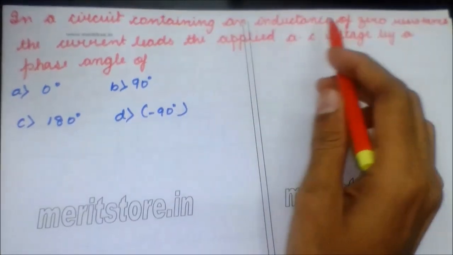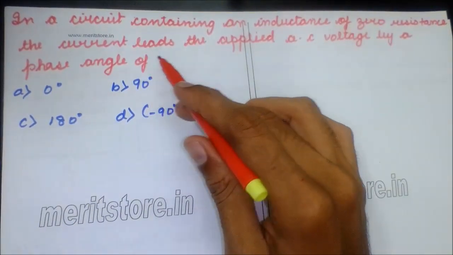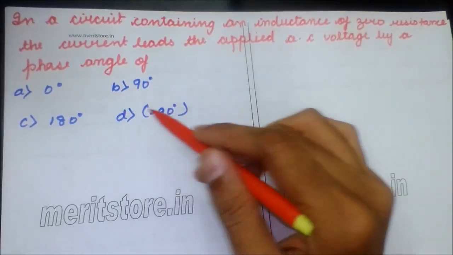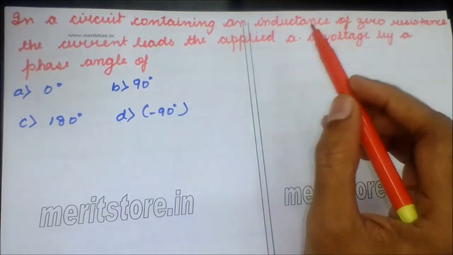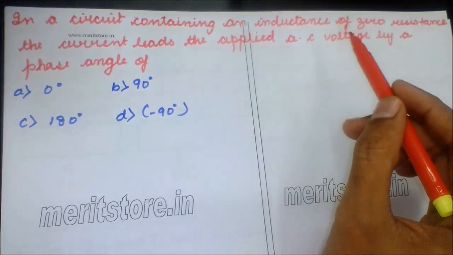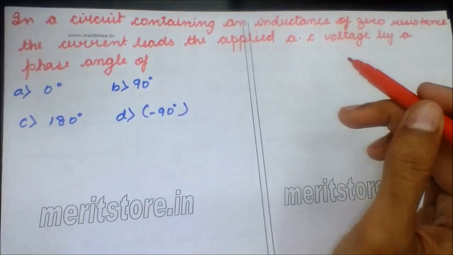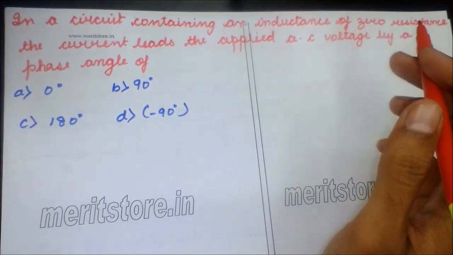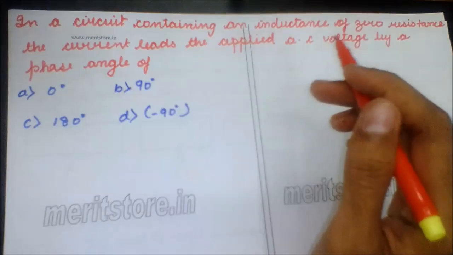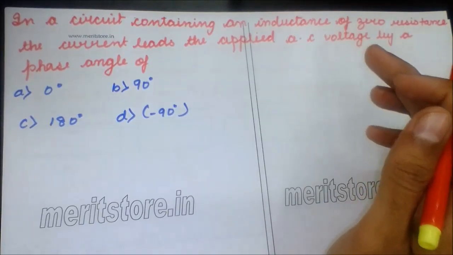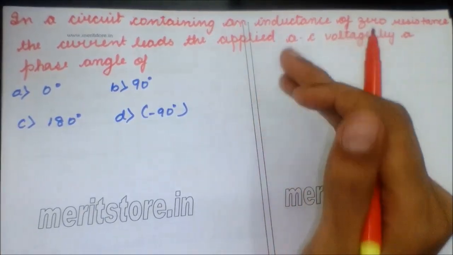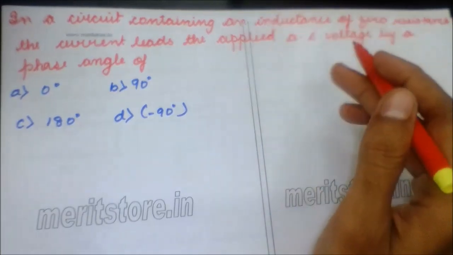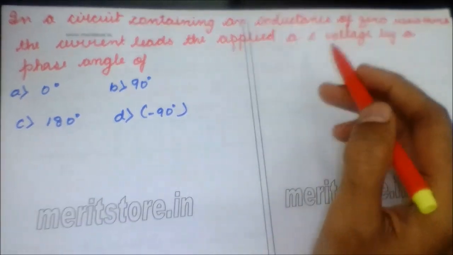In a circuit containing an inductance of 0 resistance, the current leads the applied AC voltage by a phase angle of 0 degree, 90 degree, 180 degree or minus 90 degree. So if in a circuit we have an inductance connected and the resistance is 0, for such a circuit the current lags behind the voltage by 90 degree, or it will lead the voltage by minus 90 degree.